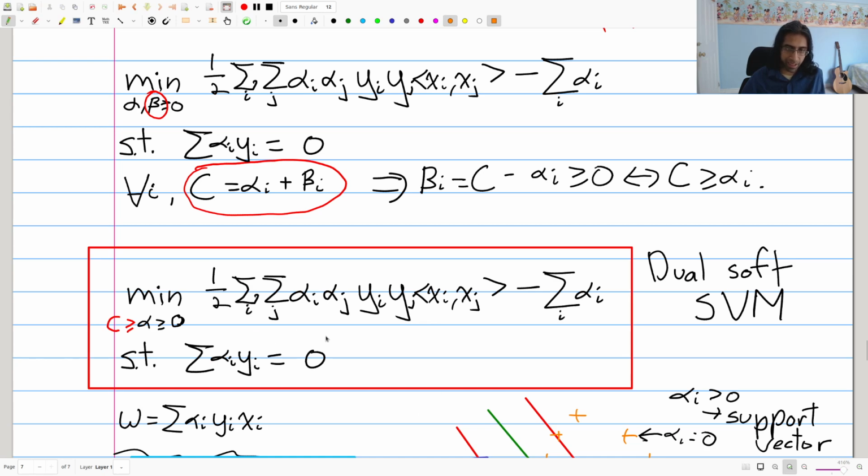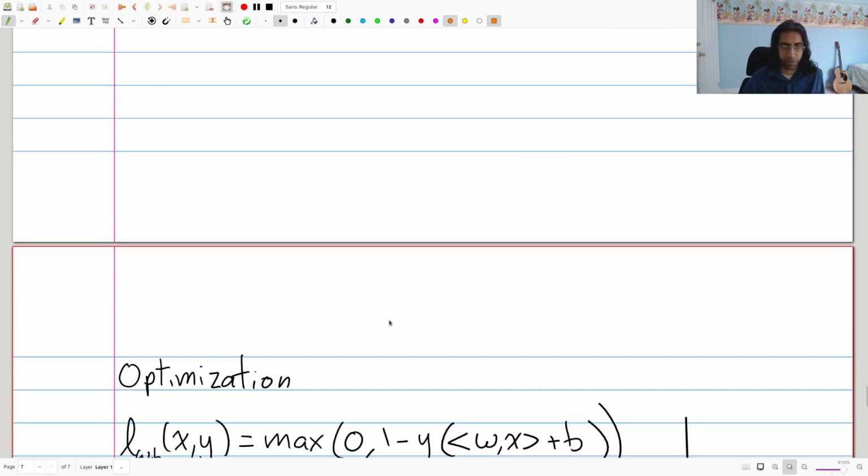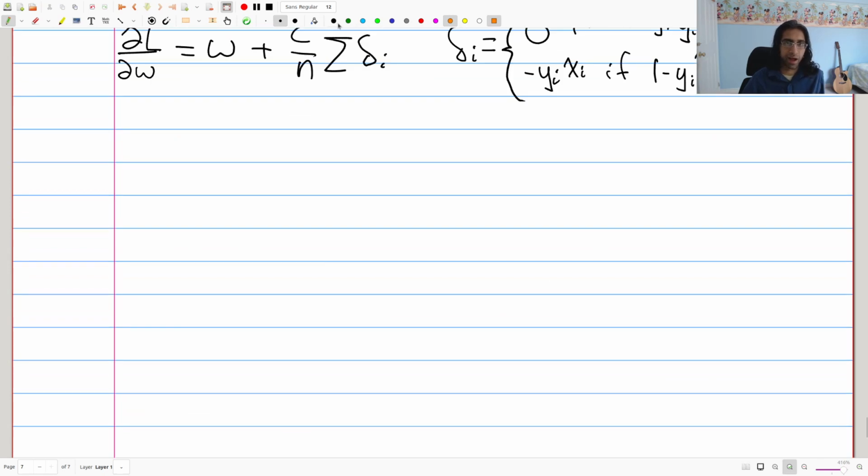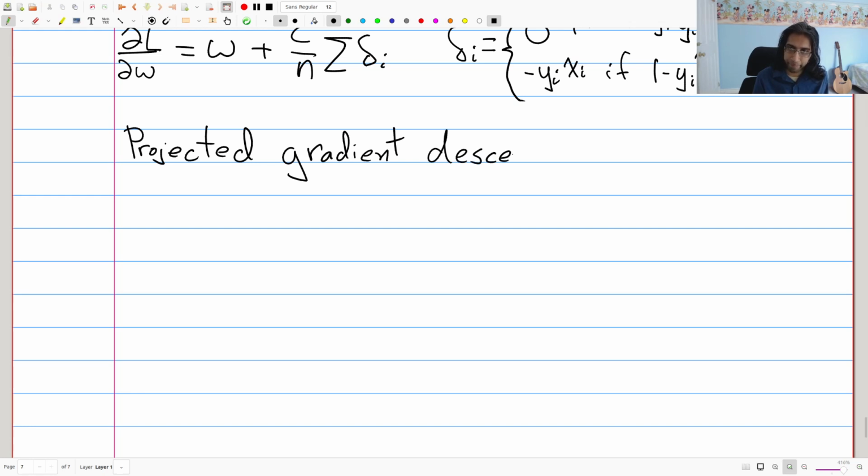Let me actually draw a picture of what I mean by projected gradient descent. Just to give you some idea, because this is a common thing that you'll see, so I don't want you to be scared if you see it in the future. It's basically trying to convey the following thing.